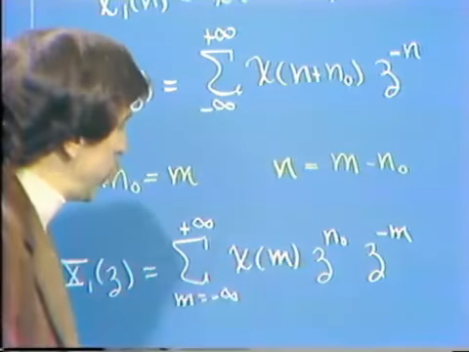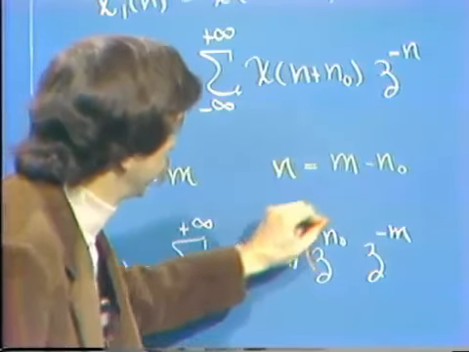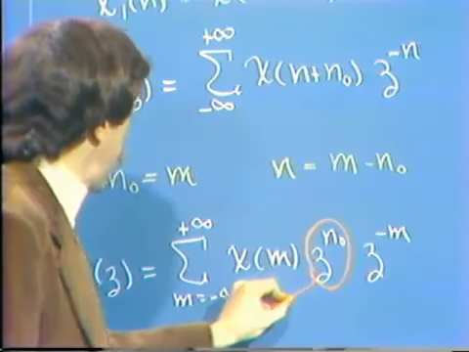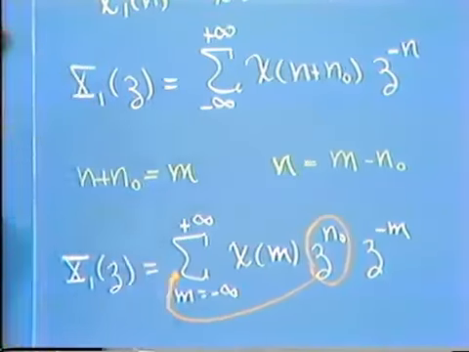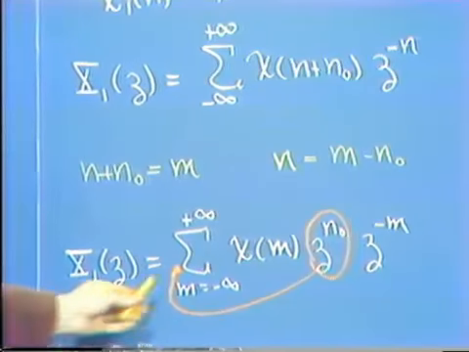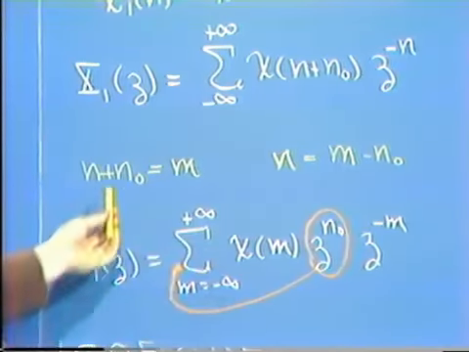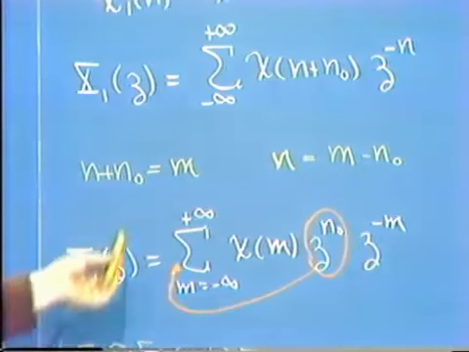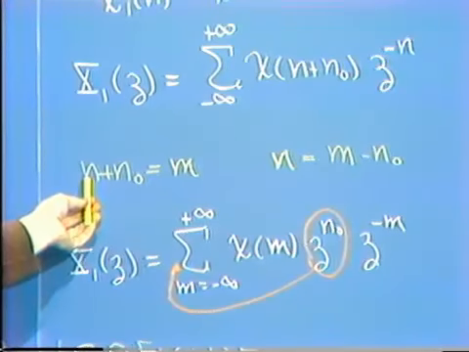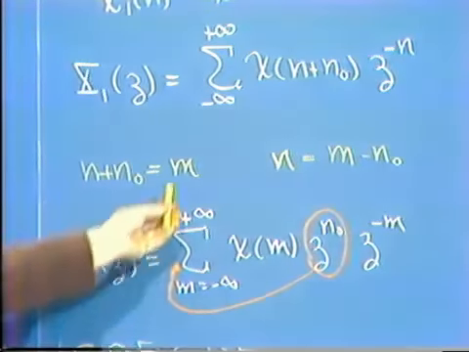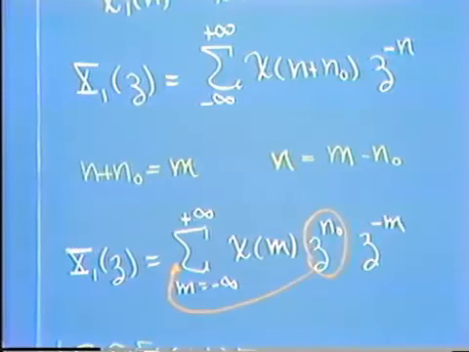Well, the z to the n0 can come outside the sum. The limits on the sum, incidentally, are m equals minus infinity to plus infinity, because if n0 is finite, as n runs from minus infinity to plus infinity, so does m.